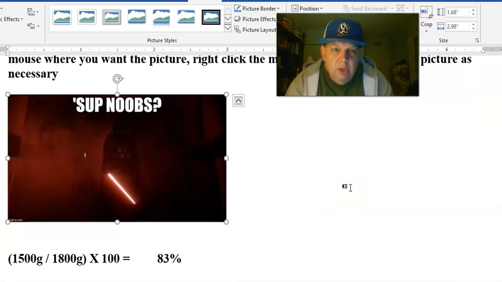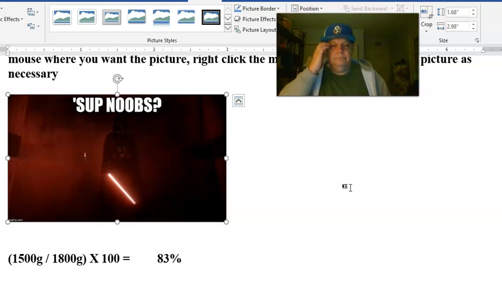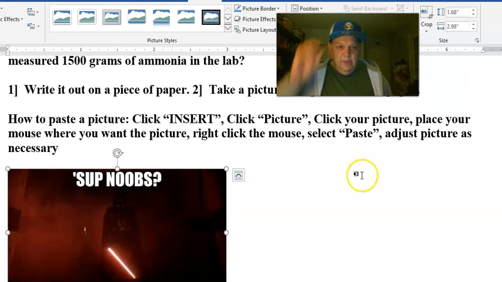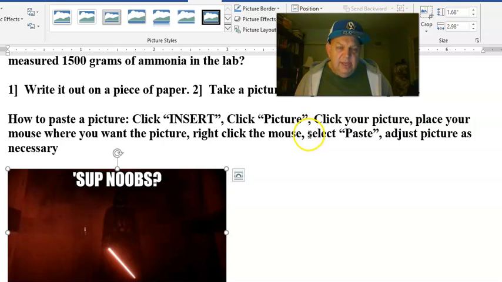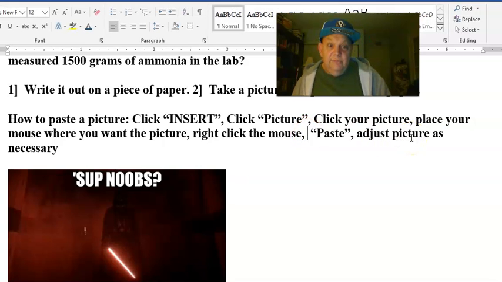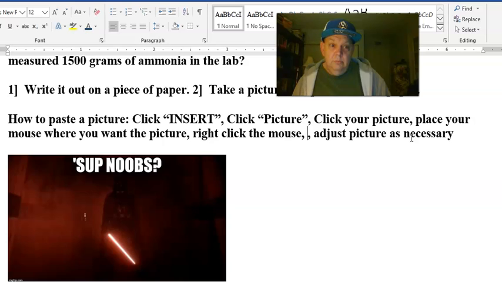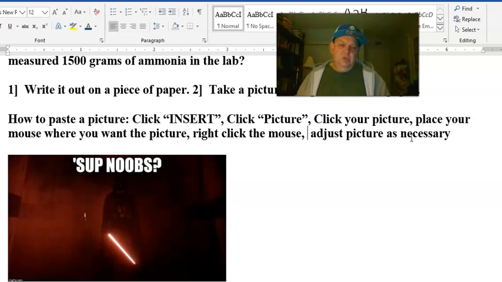And there you go. You can leave it like that. In fact, you don't even need to select paste. It will do it automatically for you. So you just adjust the picture as necessary. That's all you got to do.